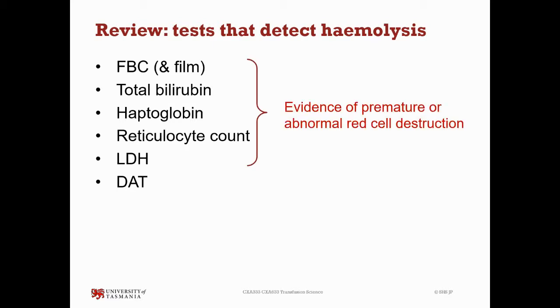So it's these tests here that give us evidence of premature or abnormal red cell destruction, and as we just said, the DAT tells us whether or not the hemolysis is due to an immune cause, whether that be allo or autoimmune cause.